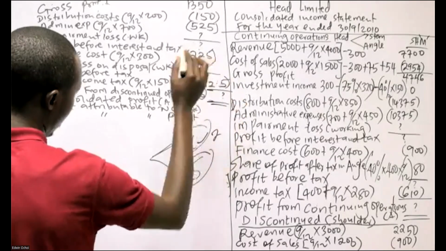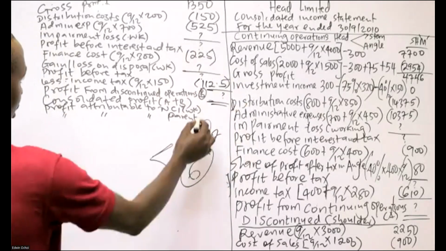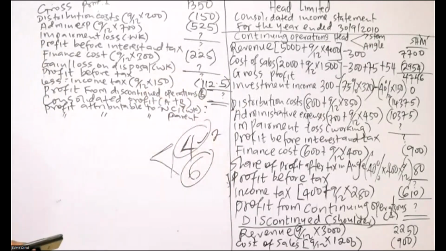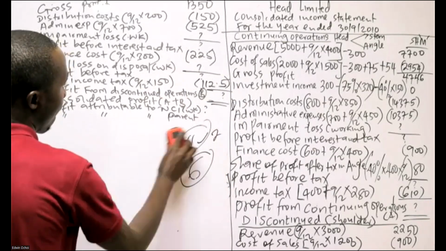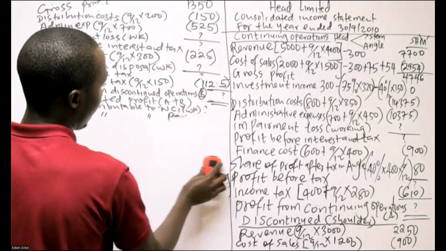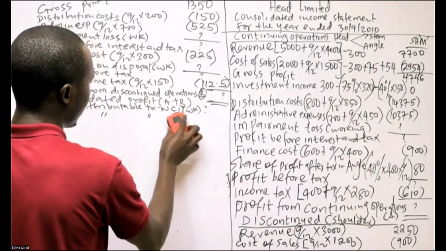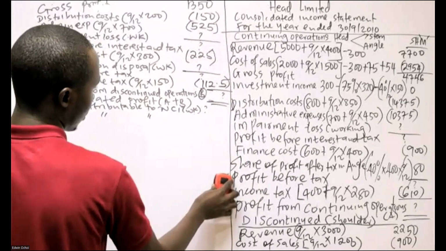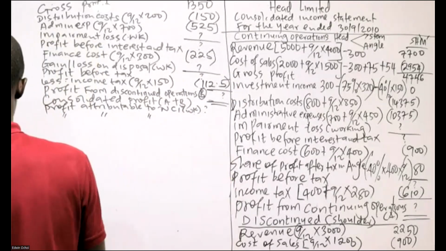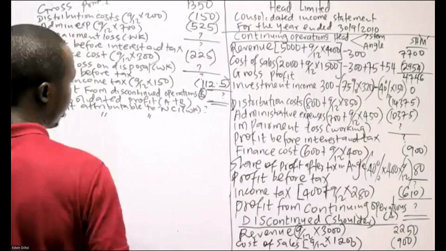Then this one we have to compute. Even these. So up to this point, it's only workings which are remaining.